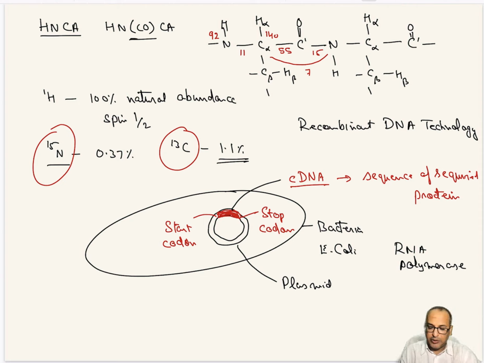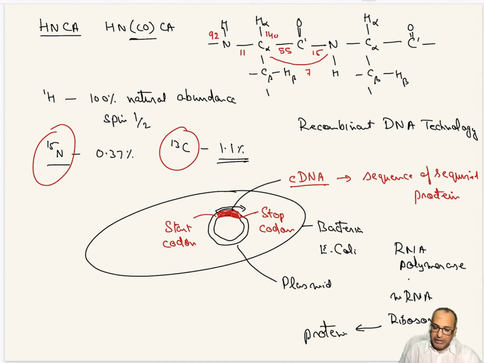RNA polymerase will sit on this DNA and start expressing, and it will generate mRNA, right? And from mRNA, with its own ribosome and other translational machinery, it will give rise to this protein of interest.